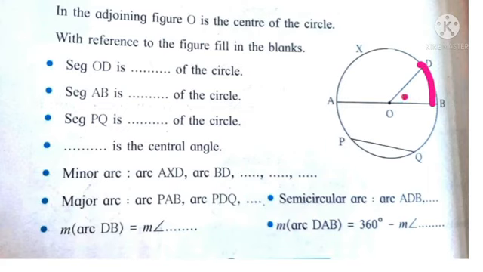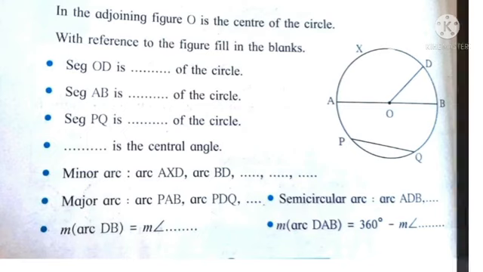Okay, measure of central angle is same as corresponding minor arc. So major arc DB is equal to major angle BOD. Also major arc DAB. See what is the major arc? Major arc DAB, DAB, this is the arc.